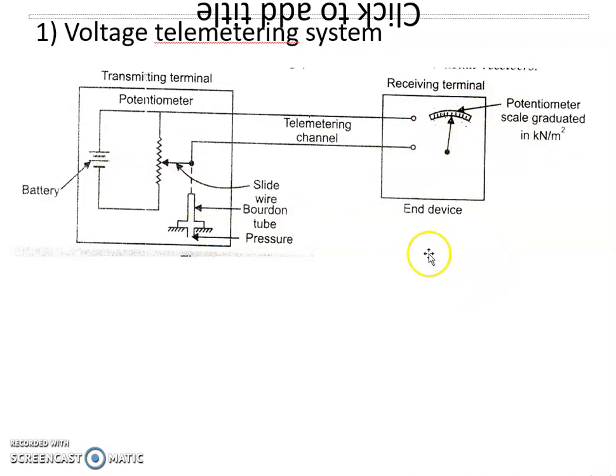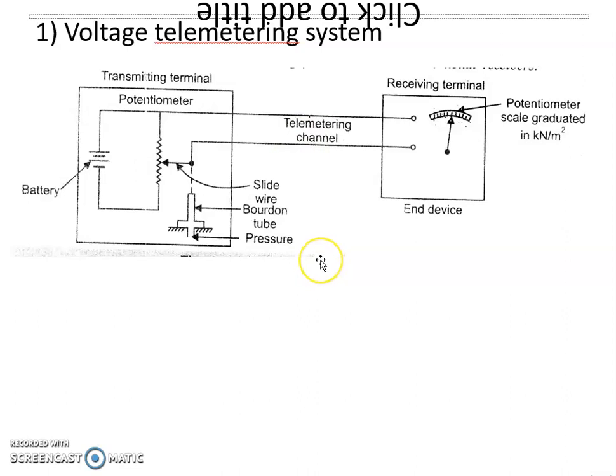Here this voltage telemetering system has a few disadvantages. The first disadvantage is that these systems are affected by line resistance or line leakage reactances. The second is that the voltage telemetering system is limited to transmission of data up to only 300 meters distance.